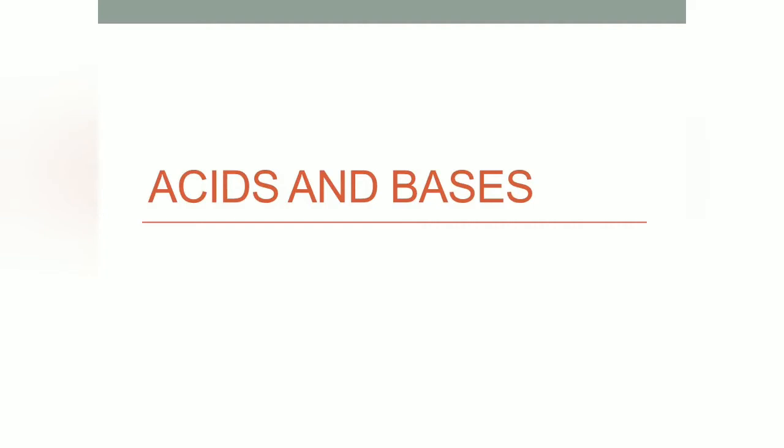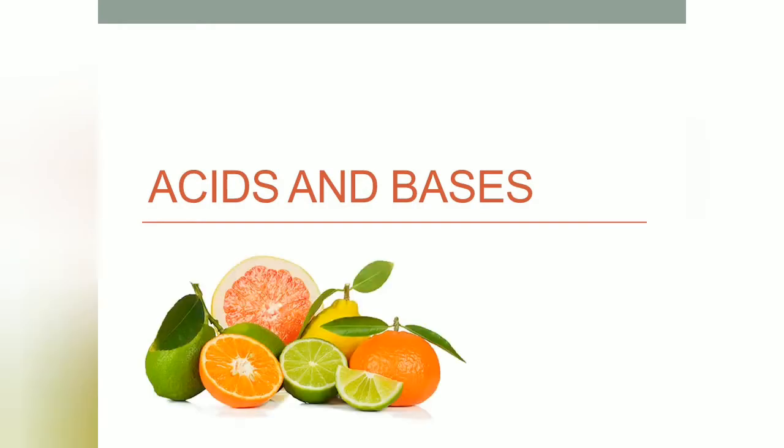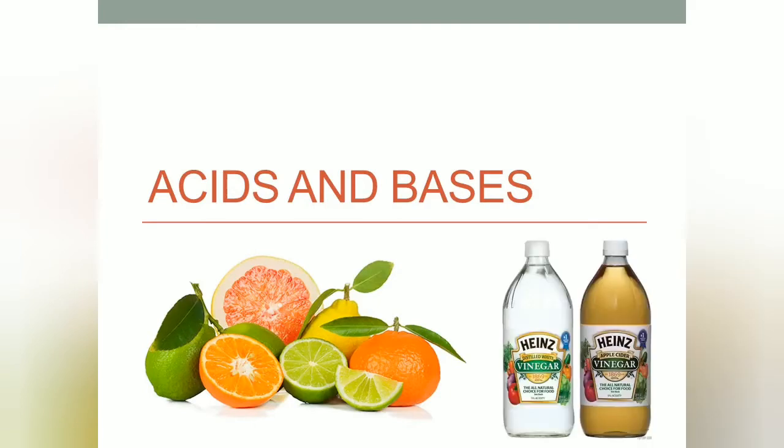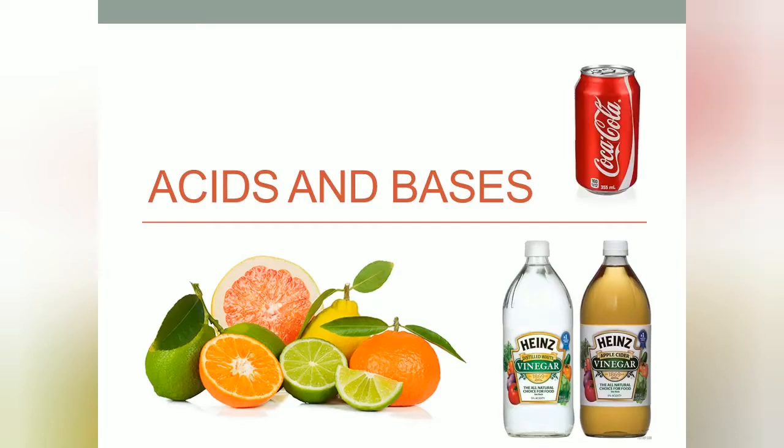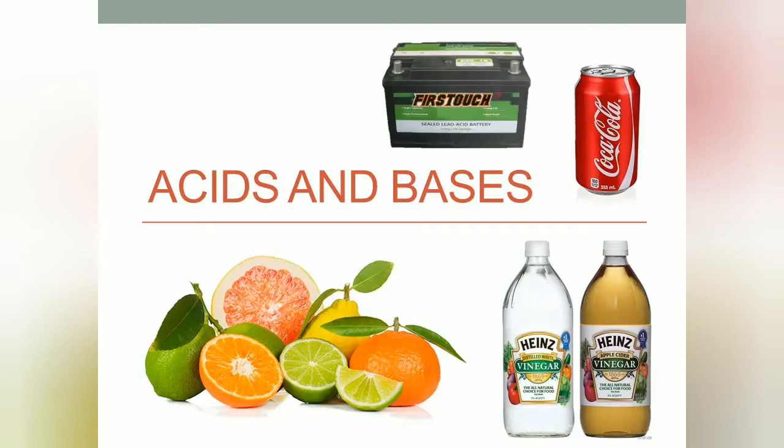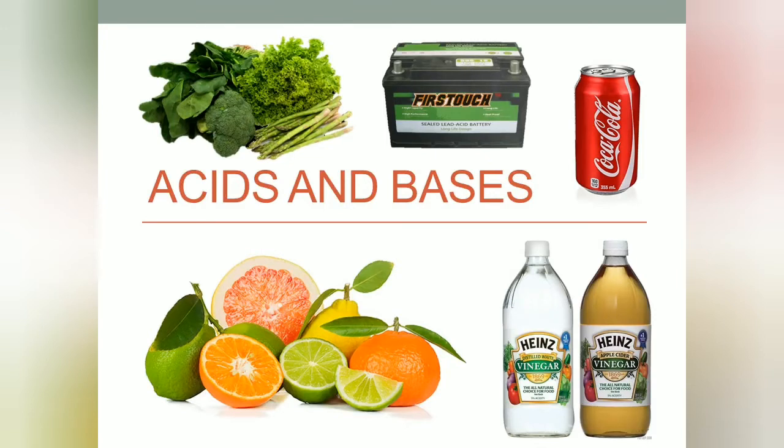Well, I have here citrus fruits which contain citric acid, vinegar which contains ethanoic acid, Coke contains carbonic acid, car batteries contain sulfuric acid, and certain green vegetables contain folic acid.